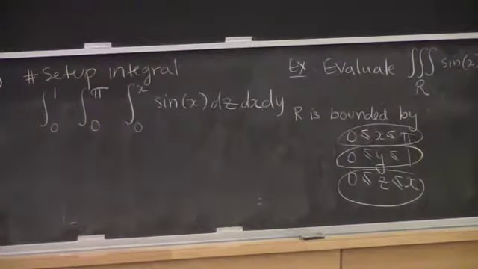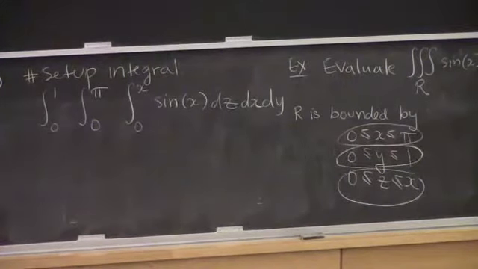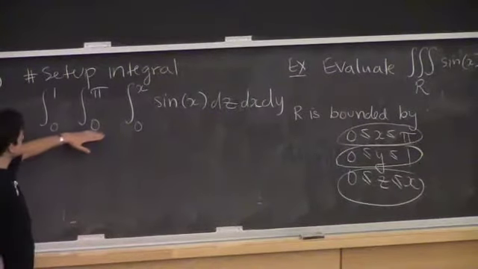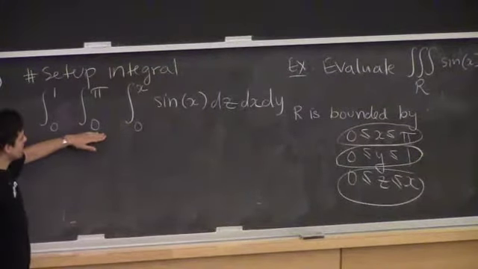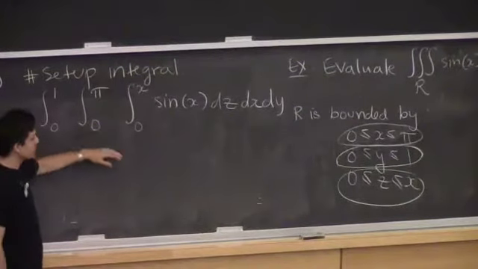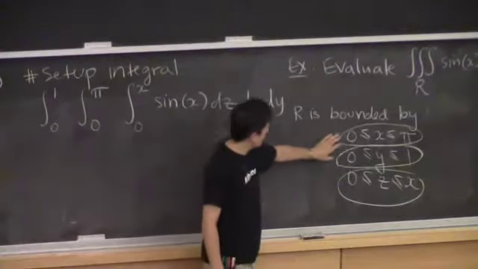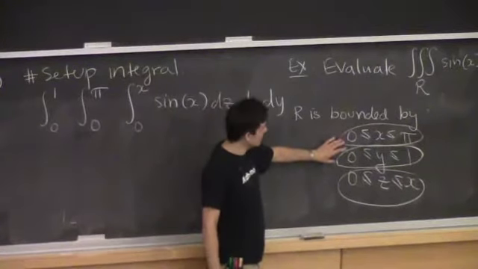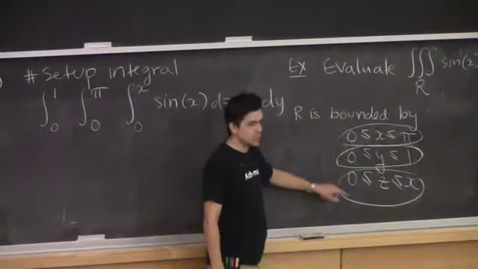Yes? Just because, right, so yeah, why did I choose that particular order? Just because we have this nice rectangular thing happening in x and y, right? So I've got this rectangle that's easy to write down here, and then I'm going to integrate out my z guy.